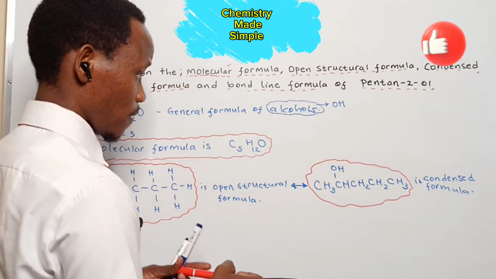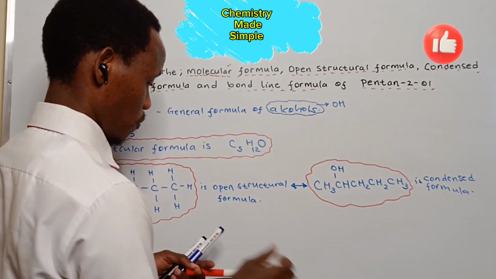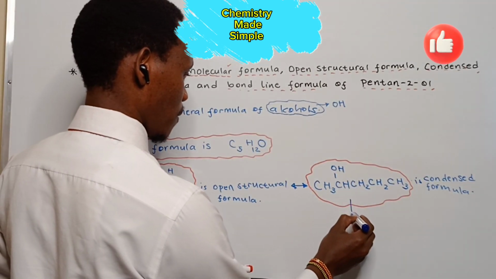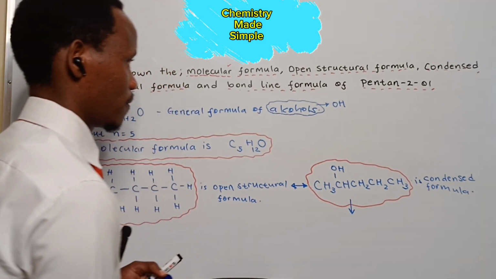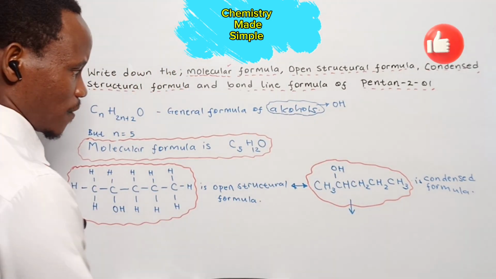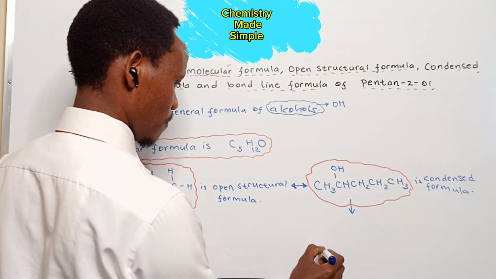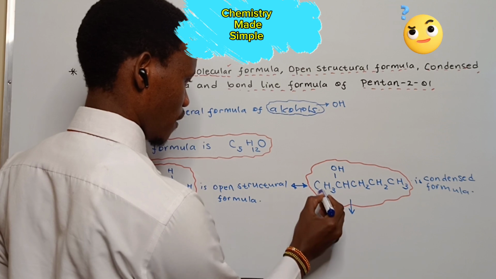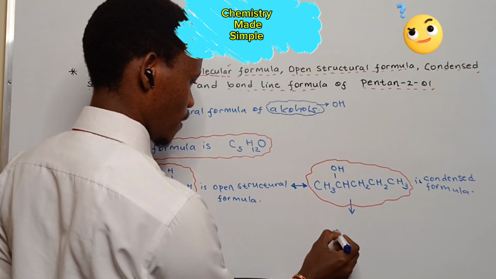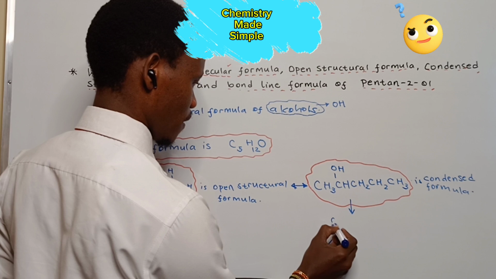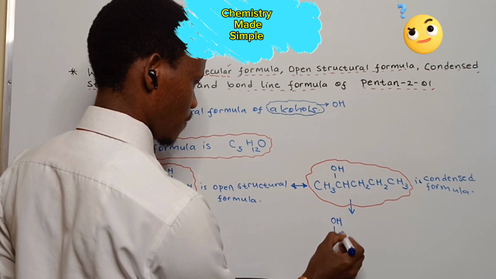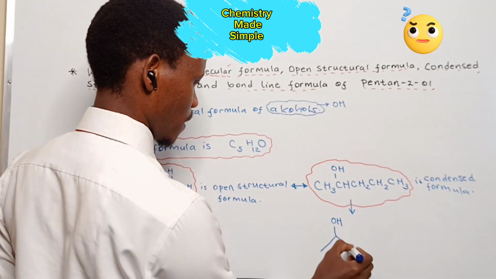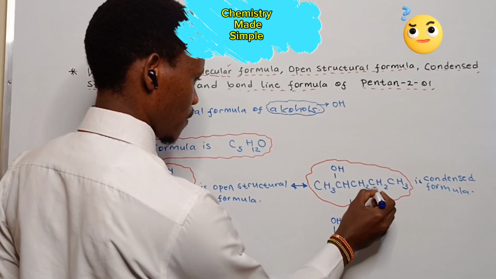Now from this condensed structure formula, we can get our bond line formula as follows. This part from here up to here indicates this and that one, and then this, and then that one.